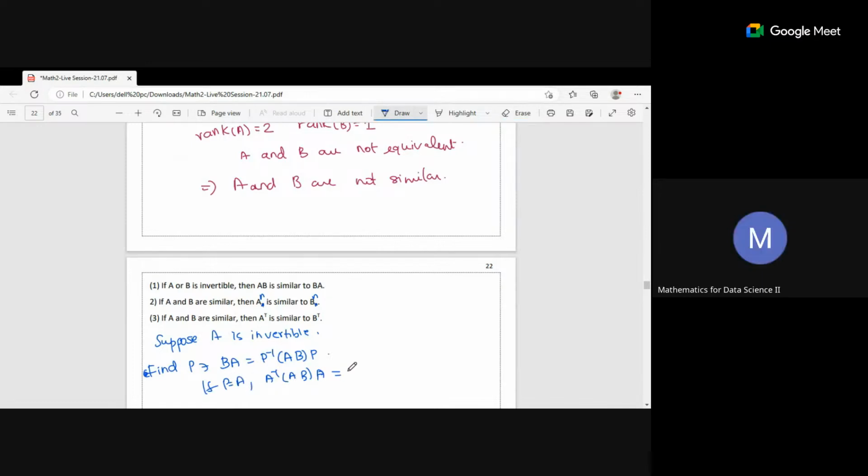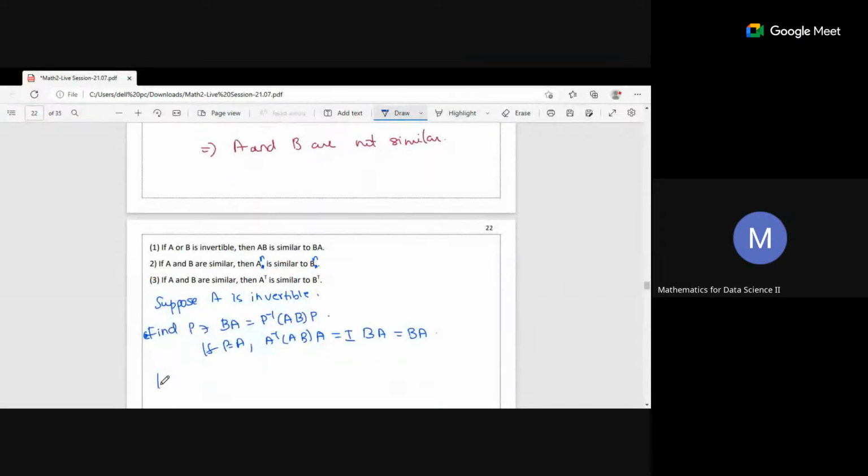So you have I times BA, which is PA. So if you choose P is equal to A, then you have that BA equals P inverse AB into P. So you see that AB is similar to BA. Same way you can try for B. Okay, so I have assumed the condition A is invertible. Homework: do it with B invertible. If B is invertible, prove the same.